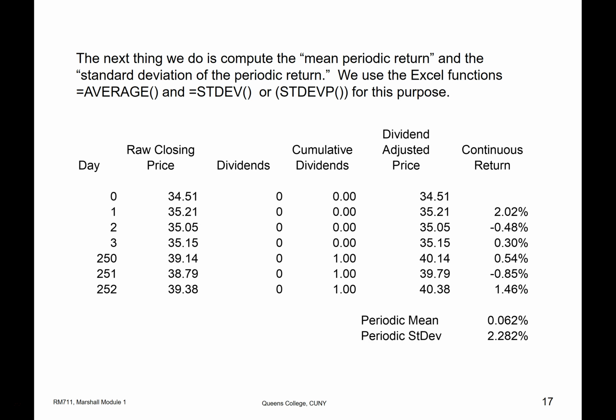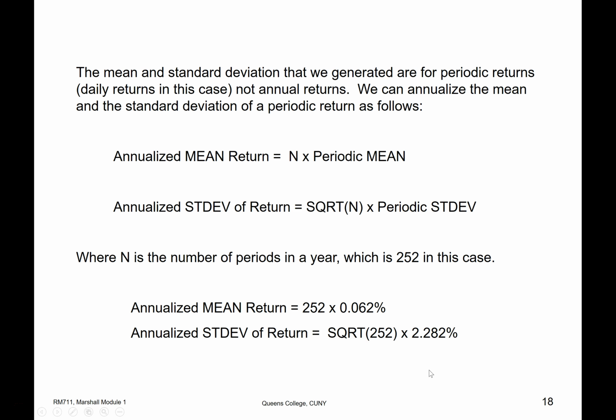Once we have the periodic mean and periodic standard deviation, since the raw data was daily data, this is actually the daily mean and daily standard deviation, and you can then annualize that. It's very simple if you're using continuous returns. The annualized mean is the periodic mean times n, where n is the frequency. For a daily mean, we use 252 for n. If it were monthly, we would use 12 months in a year.